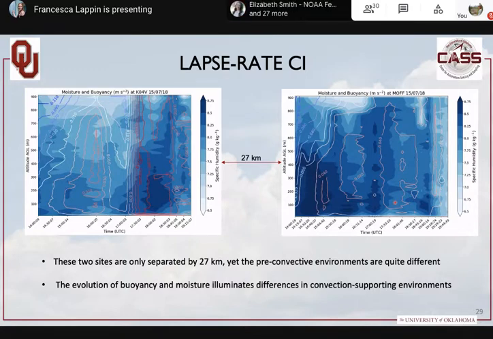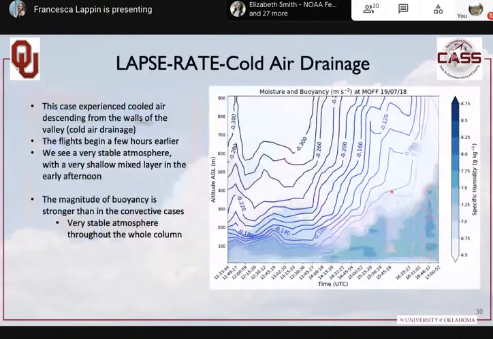And then this is a little bit different, but this is one of our cold air drainage days, where cold air descended down the walls of the valley and kind of filled up at the base of the valley, which creates a very strong temperature inversion and a very stable boundary layer. And we certainly see that with the buoyancy.